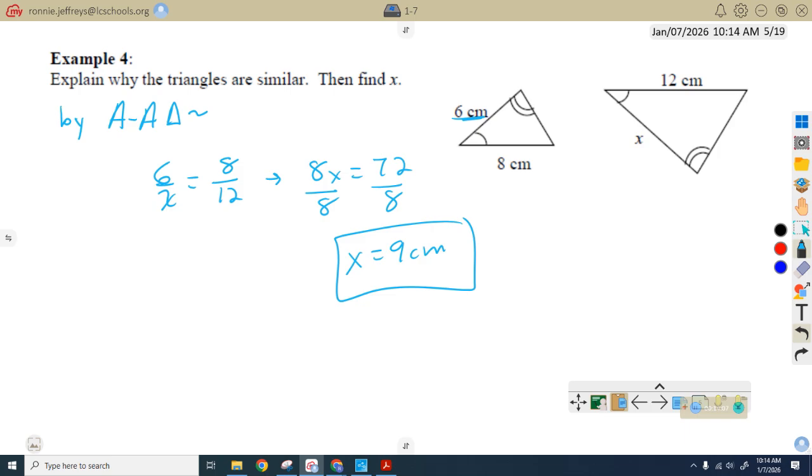Now, beforehand when we were writing stuff down, that's a loose way of doing a proof.